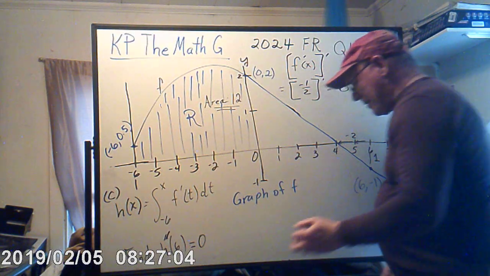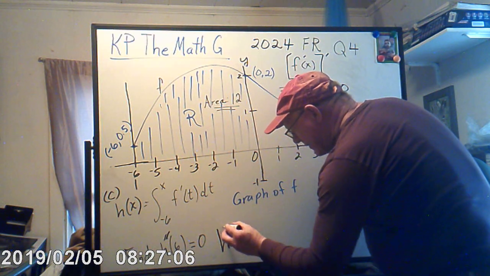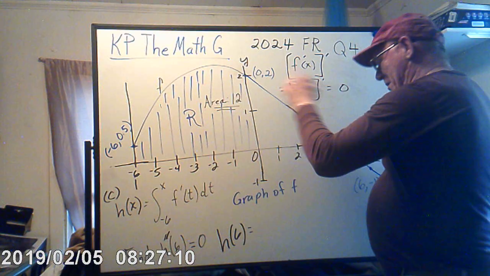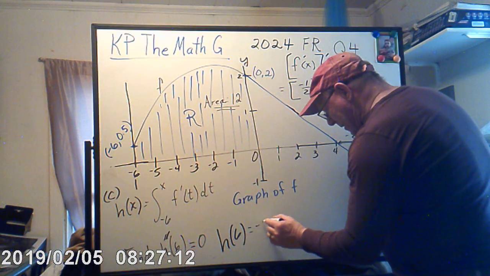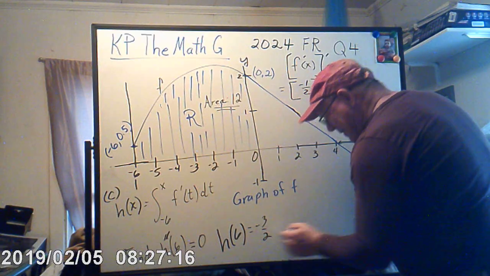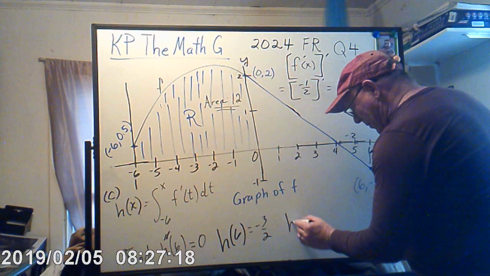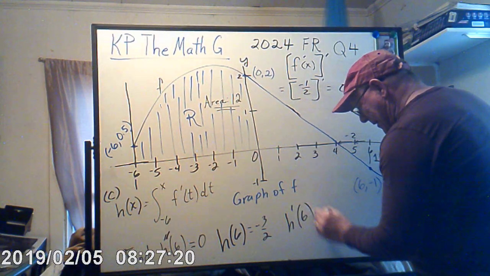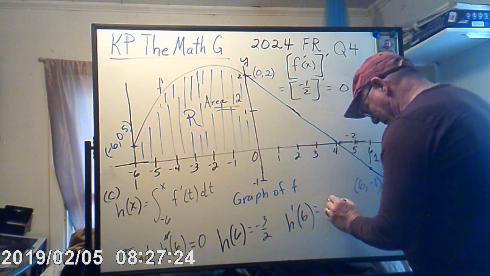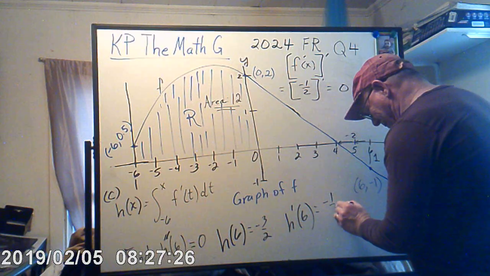So we found h at 6. We found that a while ago to be negative 1.5, which is negative 3/2. And then h prime at 6. We found the slope of this, rise over run, to be negative 1/2.